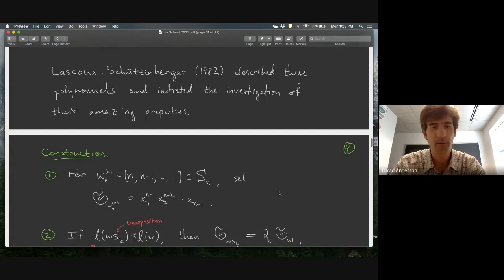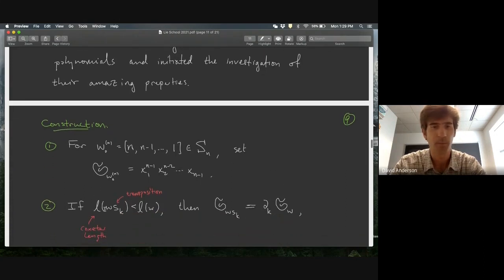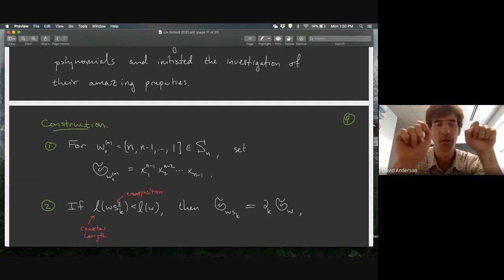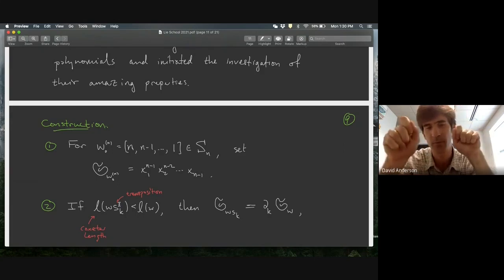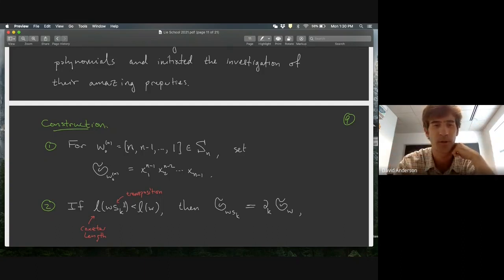And then the inductive step is, well, if you have a permutation and the kth and the k plus first parts of the permutation are out of order, then you can put them in order by multiplying on the right by a simple transposition. This is the one that flips k and k plus 1. And that will decrease length in the sense of Coxeter length.